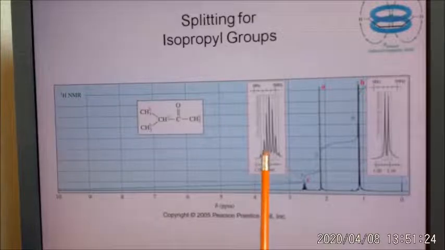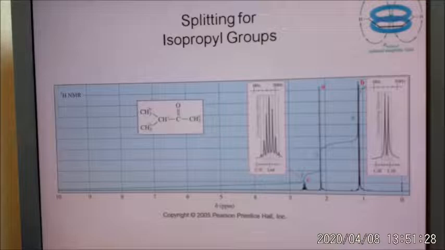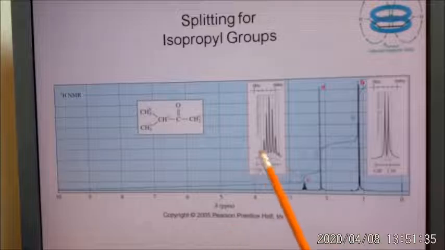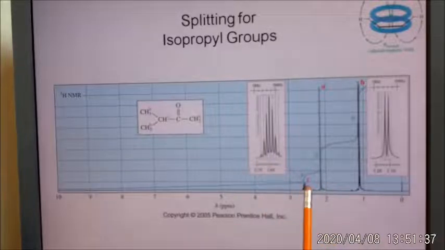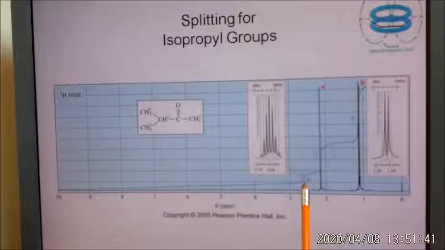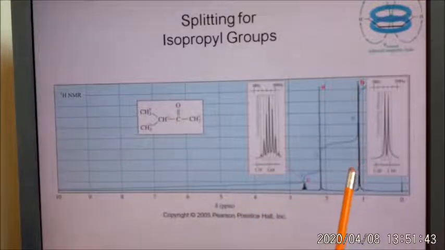Now look at this. 1, 2, 3, 4, 5, 6, 7. That beautiful 7, which means it must have 6 neighbors. So, this group that has an integration of 1, a CH, must be attached to 2 CH3 groups. That's an isopropyl group right there. This one and this one, isopropyl.